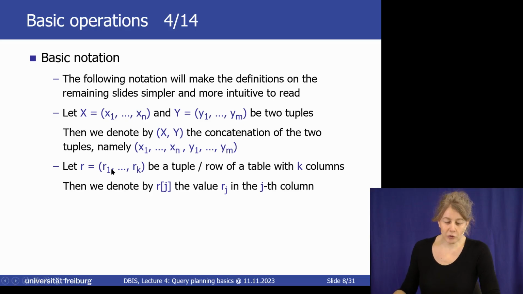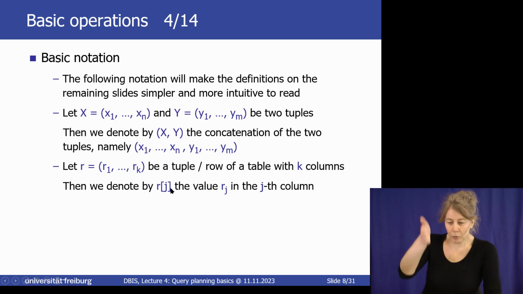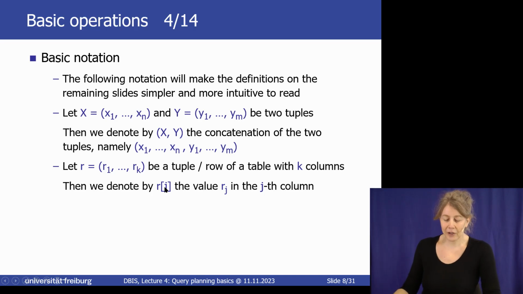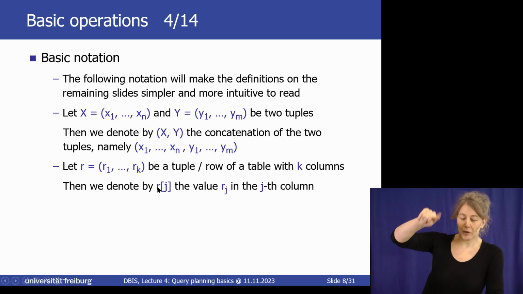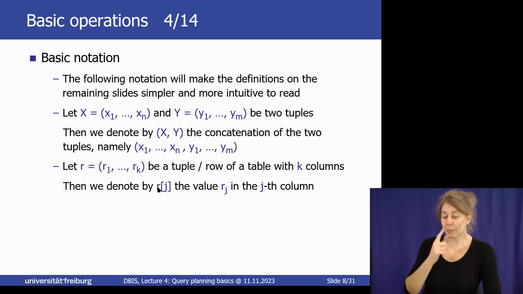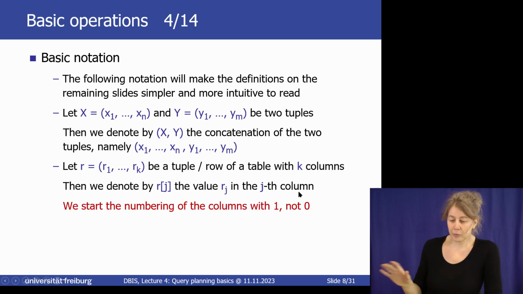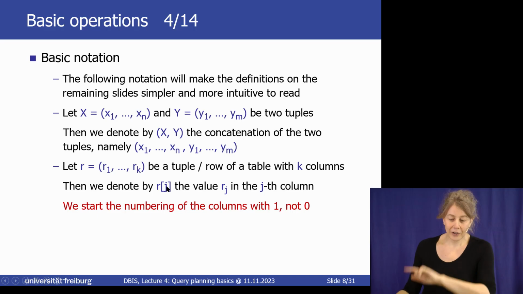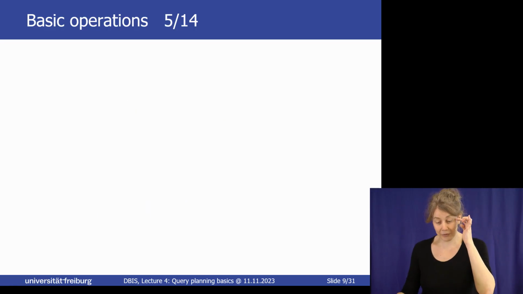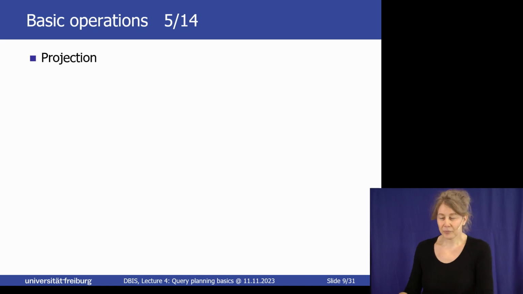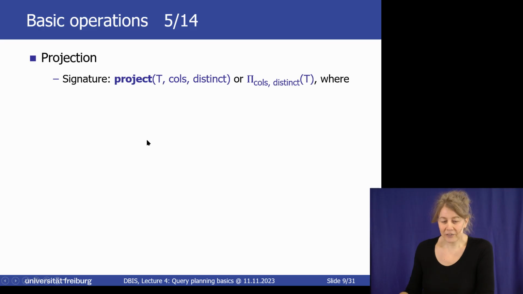And if you have a row with k columns, and you just want one value, the jth value, you just write it like array notation, r square brackets j, it gives you the jth column. And just for simplicity, we don't start 0 based, we start 1 based. So r square brackets 1 gives you the first column, r square brackets k gives you the kth column. This is just very quick, basic stuff.